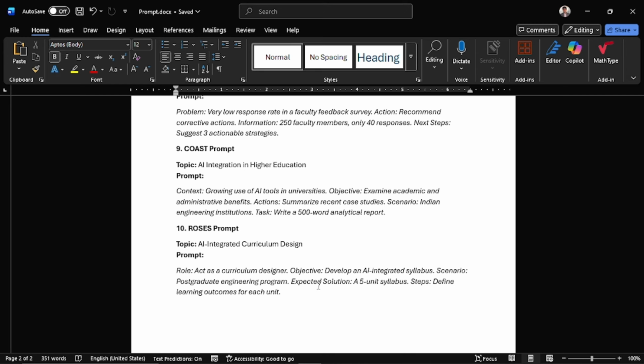S is the scenario: a postgraduate engineering program, which you really need to prepare for. E stands for expected solution: a 5 unit syllabus you wanted. And S is the steps: define learning outcomes for each unit.